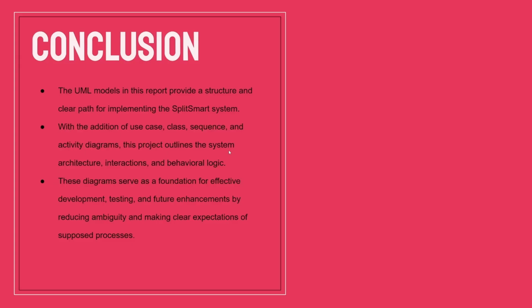And that is the end of the presentation. These UML diagrams provide a structure and a clear path for implementing the SplitSmart system. With the addition of the use case, class, sequence, and activity diagrams, this project outlines the system architecture and the interactions and behavioral logic of the entire system.